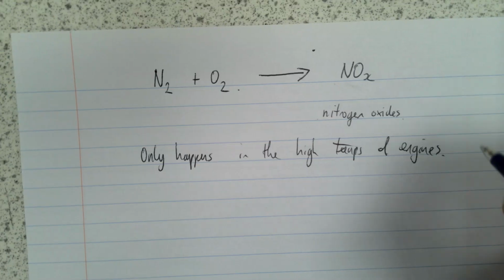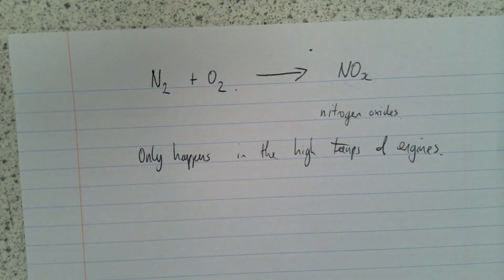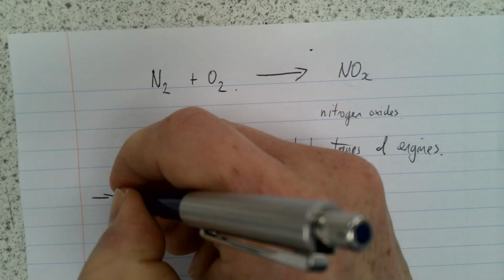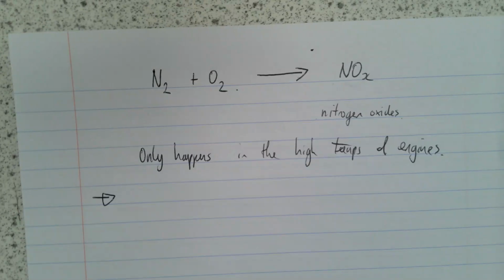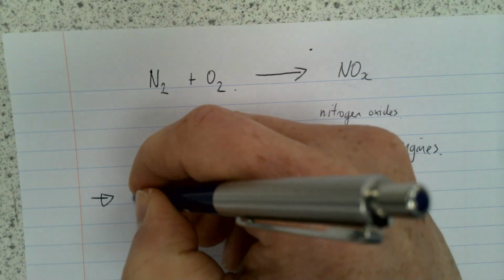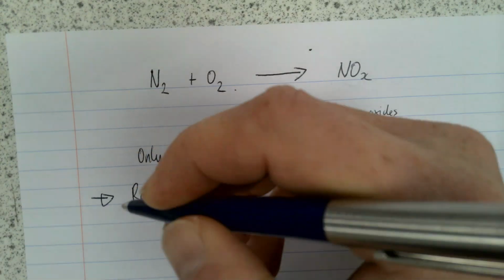Although it's not a direct consequence of the carbon in the fossil fuels burning, it's kind of an indirect consequence. This is obviously not a balanced equation, but you generate these nitrogen oxides. Now, they have a number of issues associated with them, and you might be asked what those are. One issue is that they can cause respiratory problems, in particular for people with asthma.